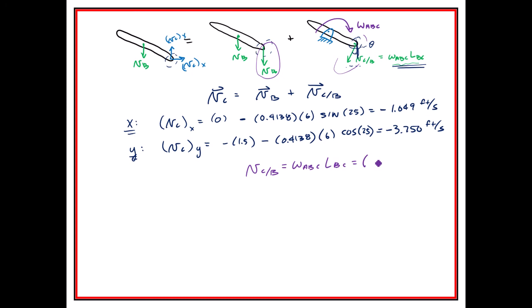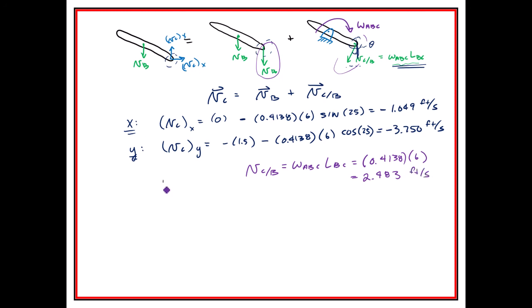That's going to be 0.4138 times 6. So we end up getting 2.483, and that's going to be feet per second right there.